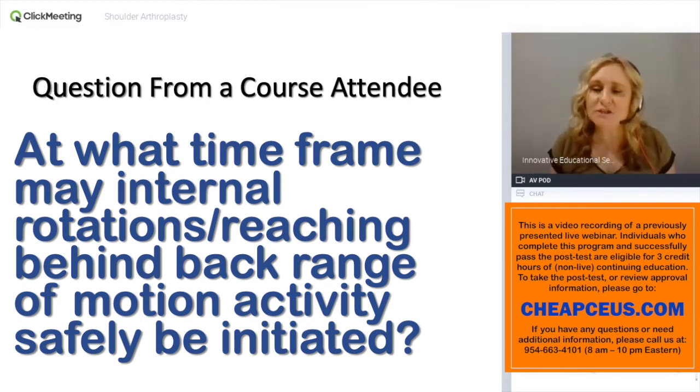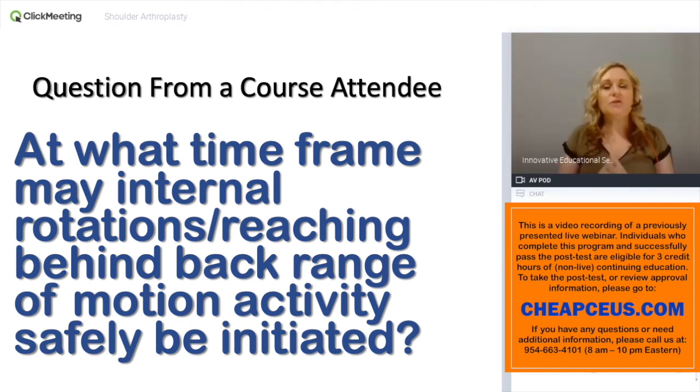Next question, at what time frame may internal rotation, reaching behind the back range of motion be initiated? You're always going to follow the physician protocol, because part of it depends on what additional procedures the patient had done and how well the physician thinks the components are aligned and how much time they need to heal.